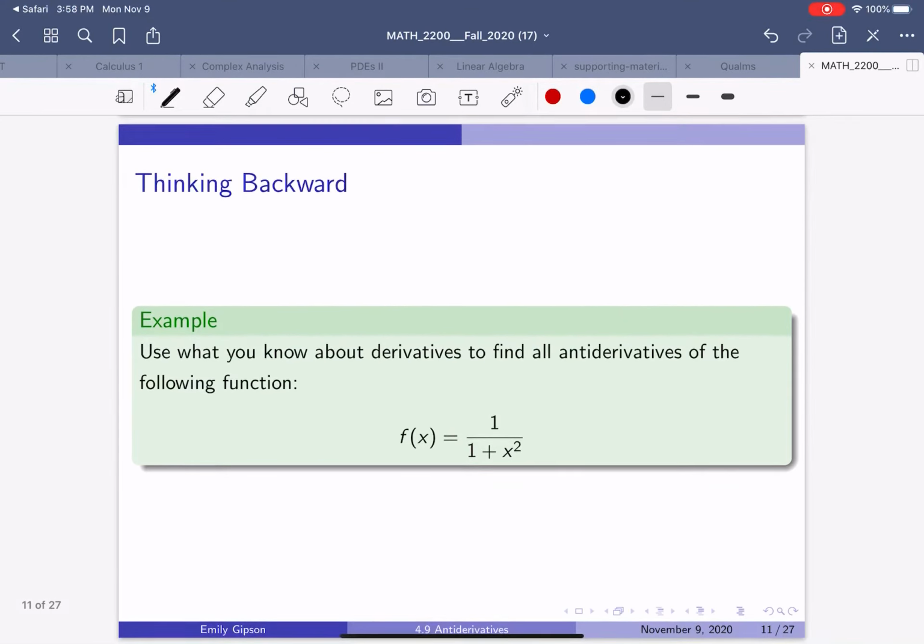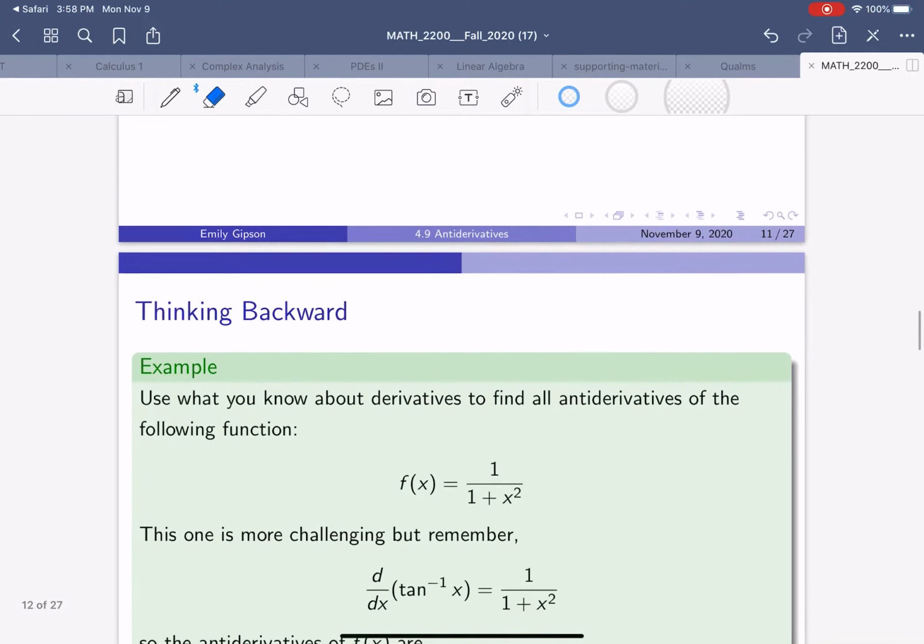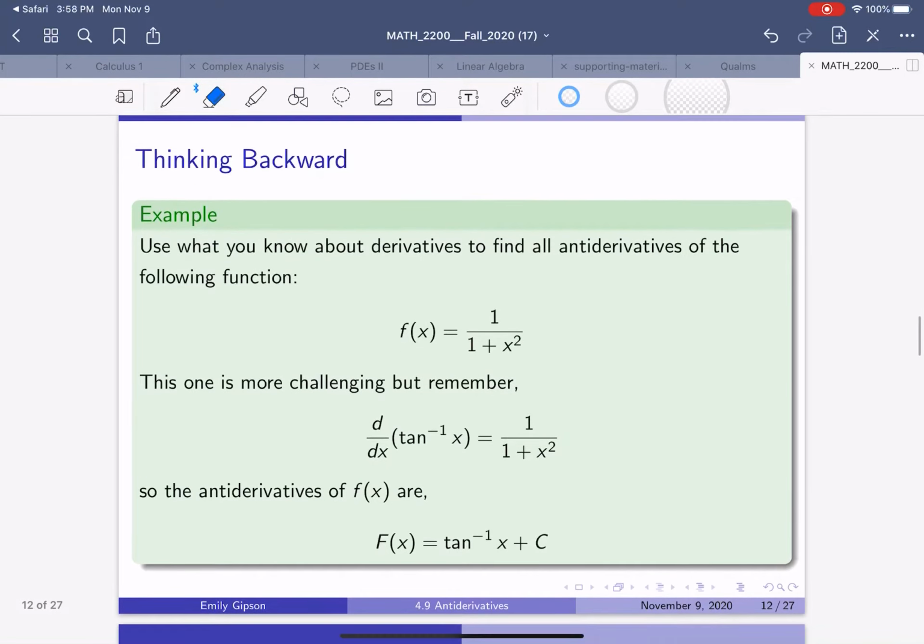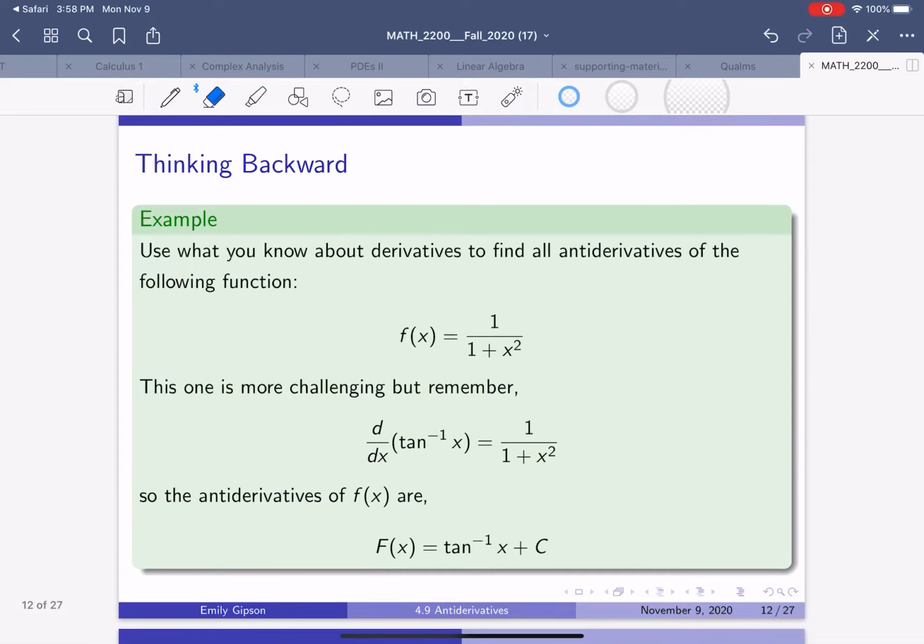Use what you know about derivatives to find all the antiderivatives of the following function. This one might seem tricky, but we just have to remember inverse trig and trig derivatives, specifically inverse tangent. This one is a little bit more challenging, but remember that d dx of inverse tangent is 1 over 1 plus x squared.